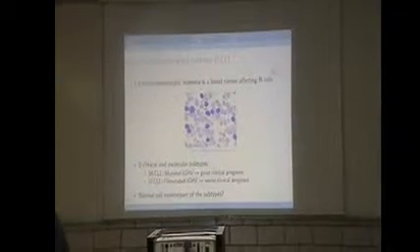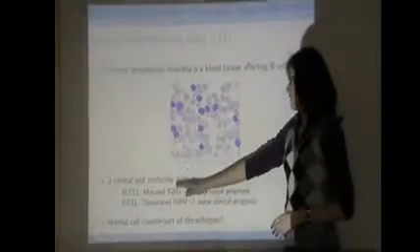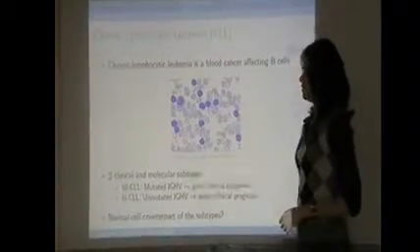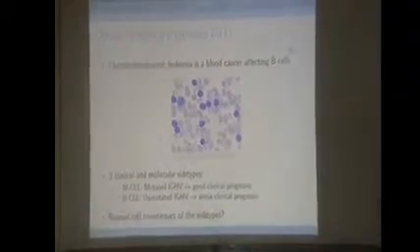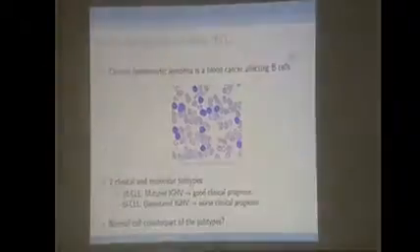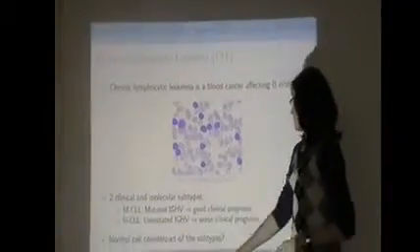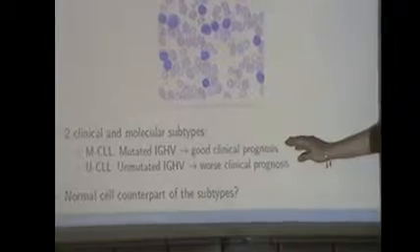In MCLL you have a region which has a high rate of mutations, which is the immunoglobulin variable gene region. It is not so important to understand what this is exactly, but what is important here is that MCLLs, so the mutated CLLs, generally have a good clinical prognosis.